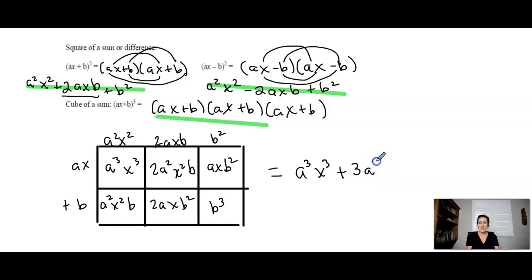So 3a squared, x squared, b. Here, these are like terms. So 2 plus 1 of those is 3 of those. So that gives me 3axb squared. And then you still have the b cubed for your final answer. I'm going to ask how you liked trying the box method versus just distributing.